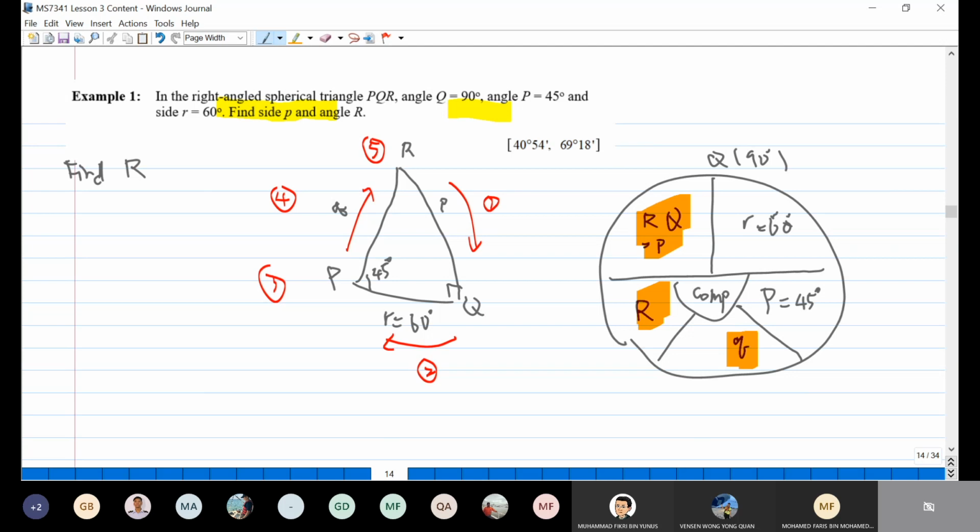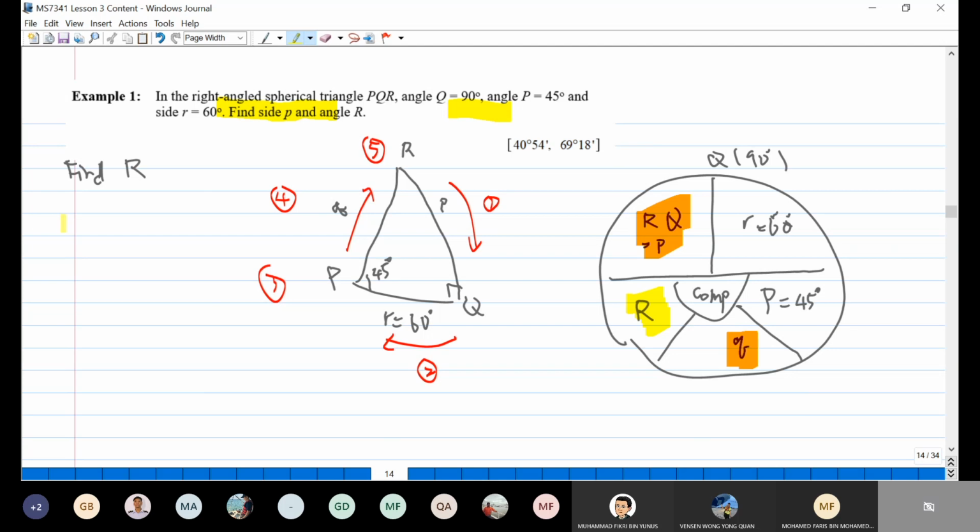R is the easiest one because I just try to make things as easy as possible. So this is the one I want to find. How to find angle R? I'm not necessarily going to go through every step. You can find P first and then R, but I think the easier one is R first. Why is R easier here?